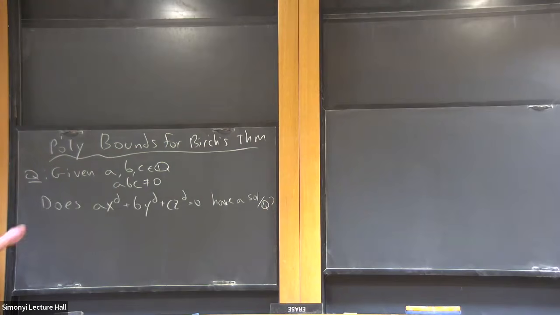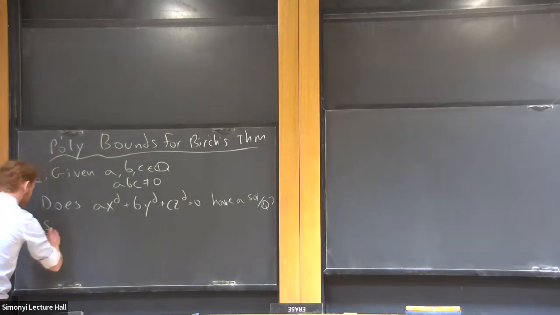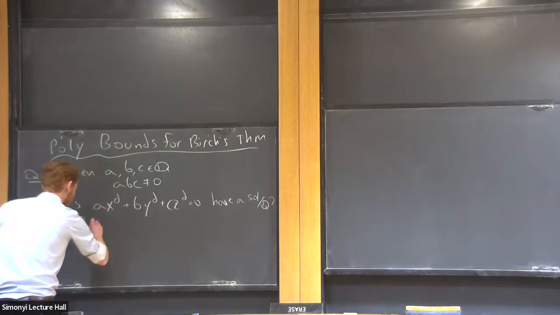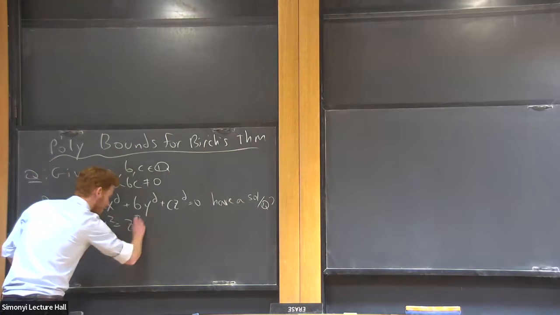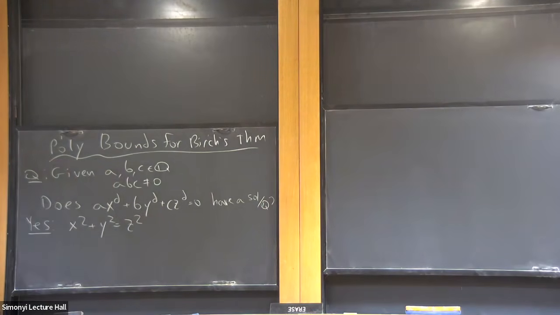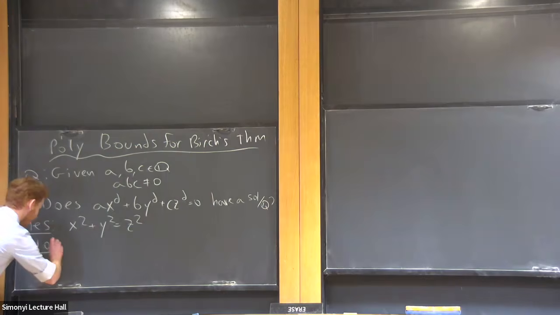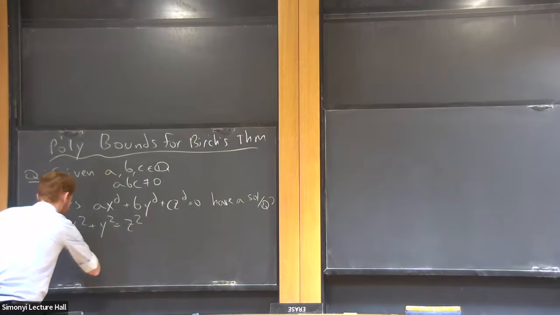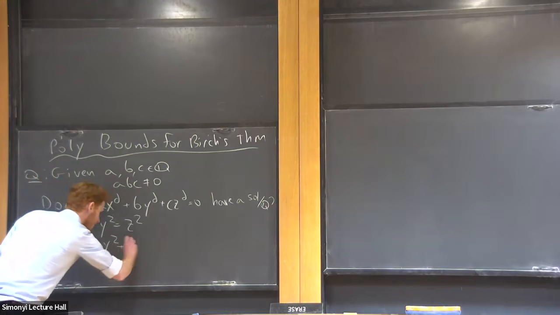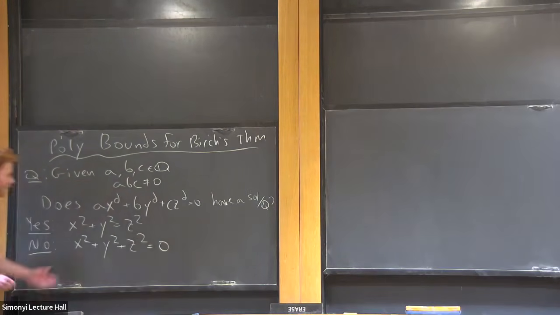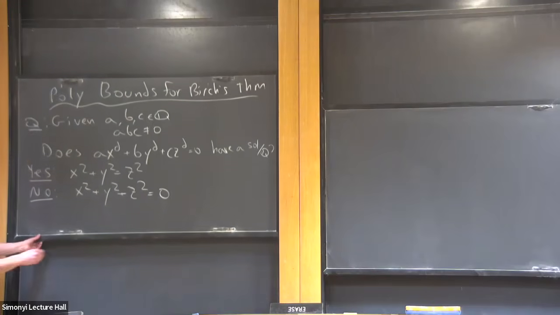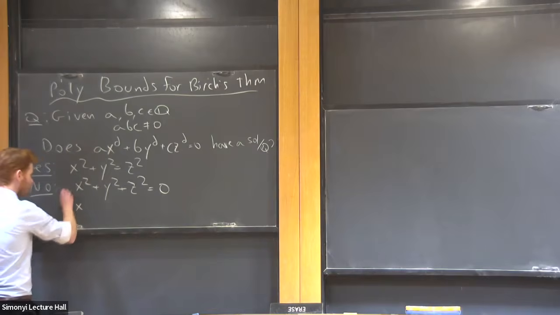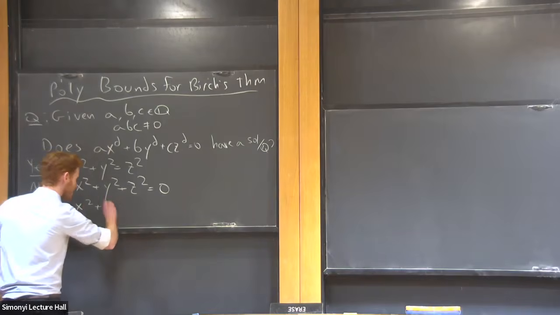And so, of course, there's various examples you can have. Pythagorean triplets have infinitely many solutions. There's some examples where you don't have solutions, for a reason of a local obstruction, or maybe another kind of local obstruction.